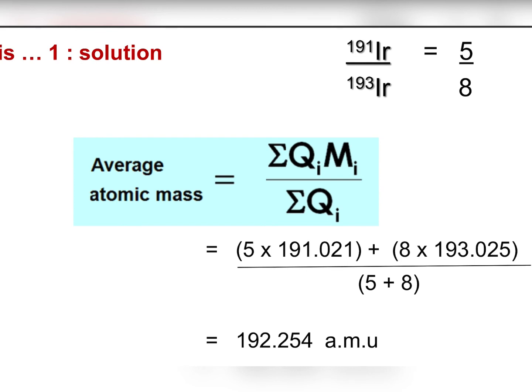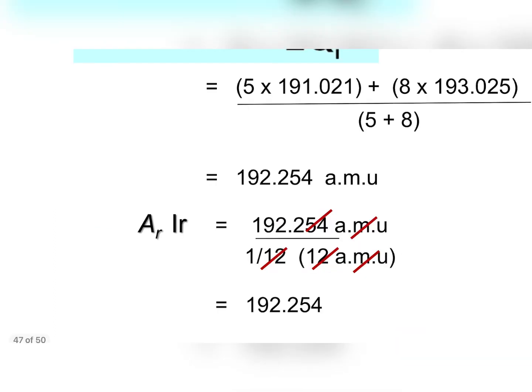So you will get your answer, 192.254 atomic mass unit. Already got your answer here. Substitute into the formula to get the relative atomic mass for iridium. So this is your final answer, and remember, for relative, no unit.